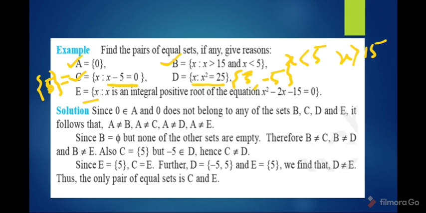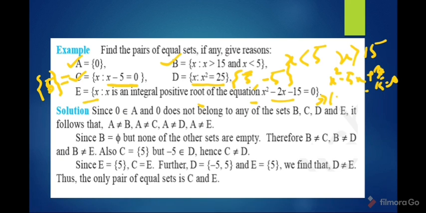Now E: x is an integral positive root of this equation. If you solve this equation, x squared minus 2x minus 15 equals 0, using middle term factorization, it will be x squared minus 5x plus 3x minus 15 equals 0.